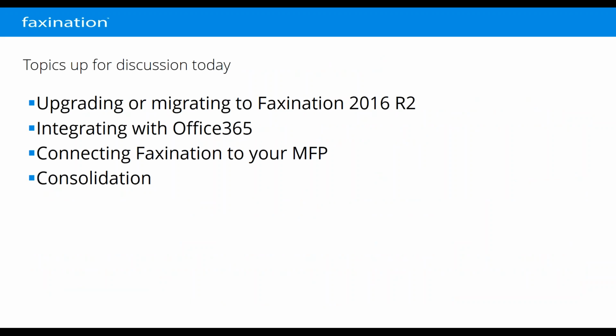The four topics that we thought were relevant to most of the questions received are, first of all, generically about the upgrade or the migration itself, then specifically around Office 365, also specifically about the MFP integration or connectivity, and last but not least around consolidation. I think most of the questions are actually on the first topic, so that will take probably most of the time today. Let's start with those first questions.